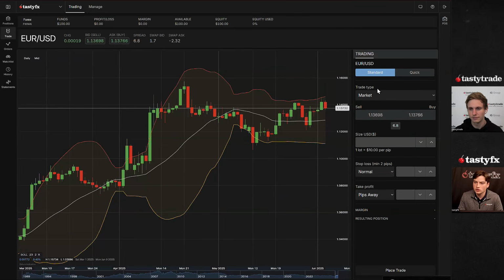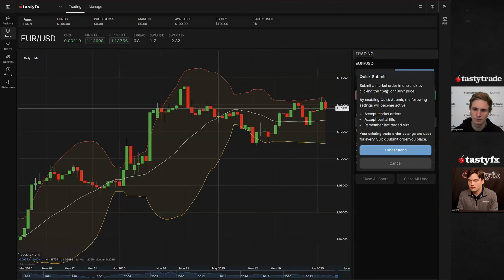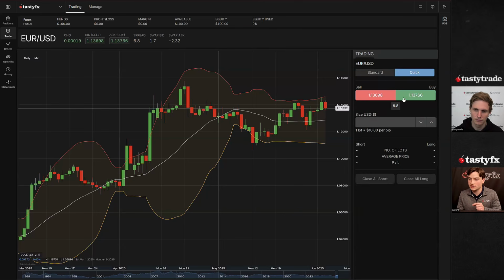So this trade ticket gives you a lot of flexibility for what you want to do. We've got the standard ticket and the quick ticket. The quick ticket is a really cool feature, but you got to make sure you know what you're doing. This is one click trading. So once you understand what it actually means, these buy and sell buttons will actually place a market order once you've set your position size.